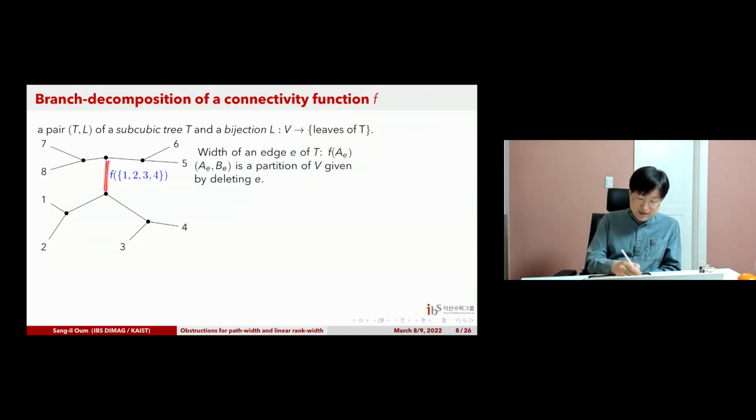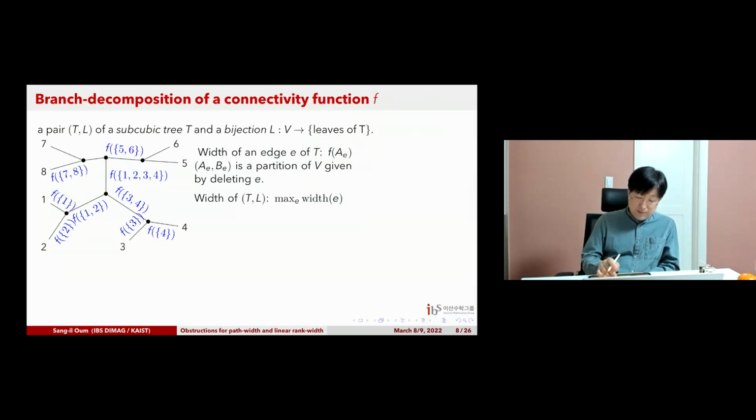So that's the width of this edge. The width of the branch decomposition is the maximum width over all of those edges. That's the width of the particular decomposition. And then the branch width is the minimum possible width over all possible branch decompositions.